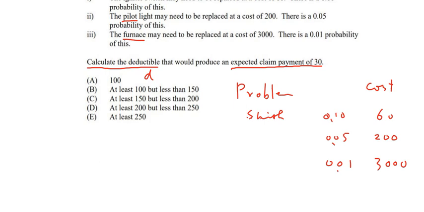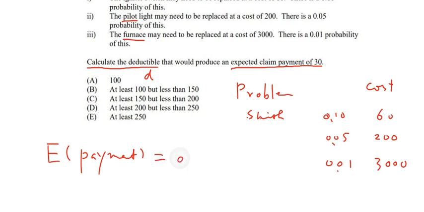Okay, so we say the deductible, so we can find this payment. Y is payment. So we can forget this, right?